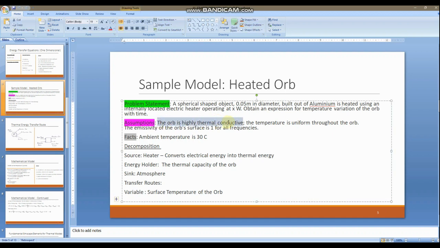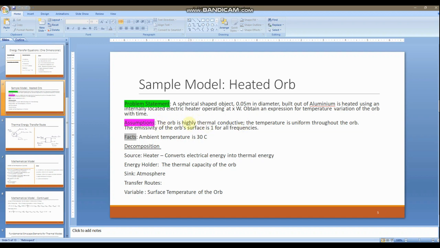So this assumption will be used to kind of bypass the study of the three-dimensional thermal conduction within the orb.